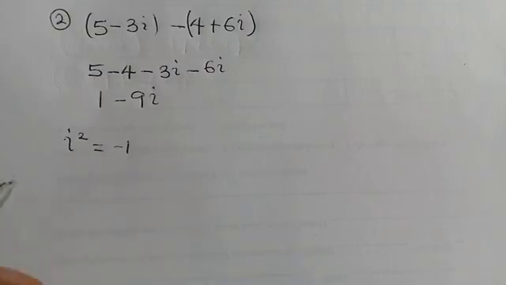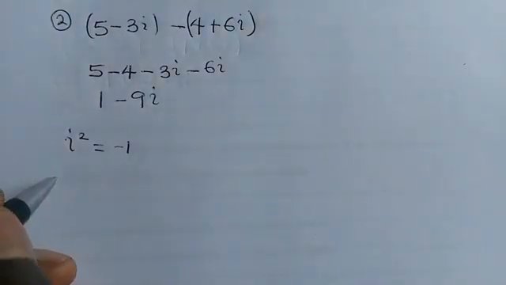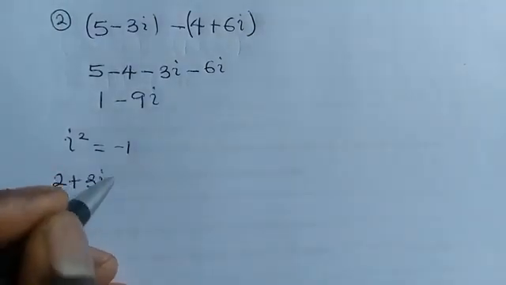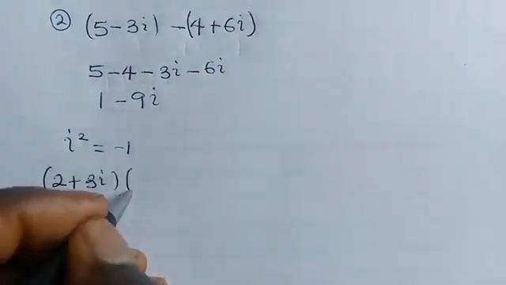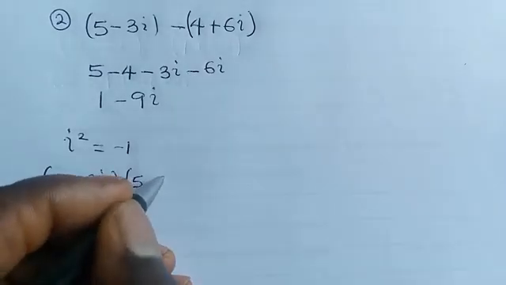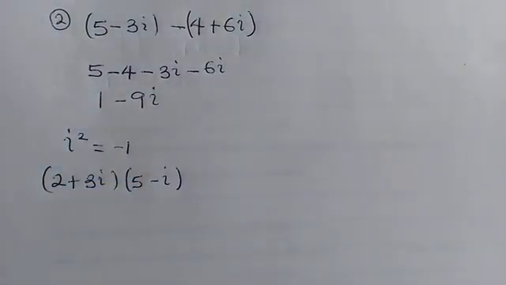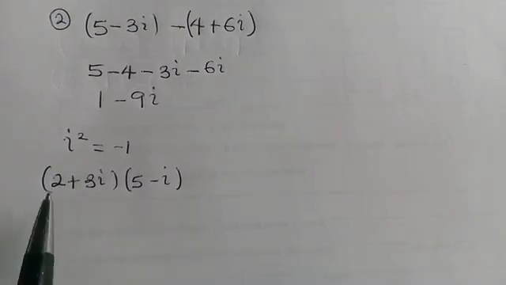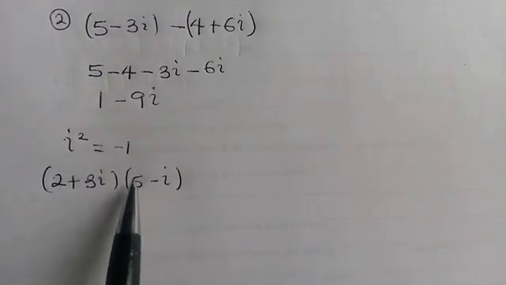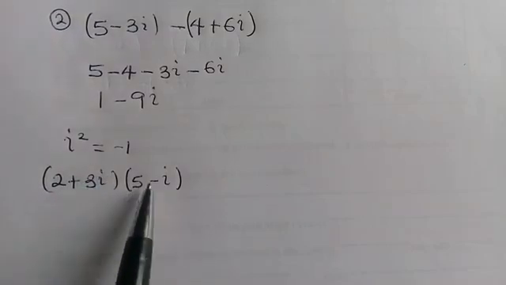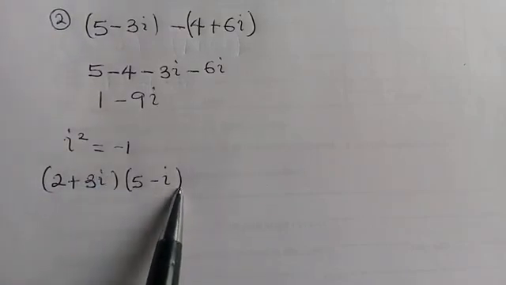The first example under multiplication, we have 2 plus 3i multiplied by 5 minus i. Right? So in multiplying these two complex numbers, we are going to pick 2 and multiply by everything we have inside this bracket. Then we also pick 3i and multiply it by everything we have inside this bracket.